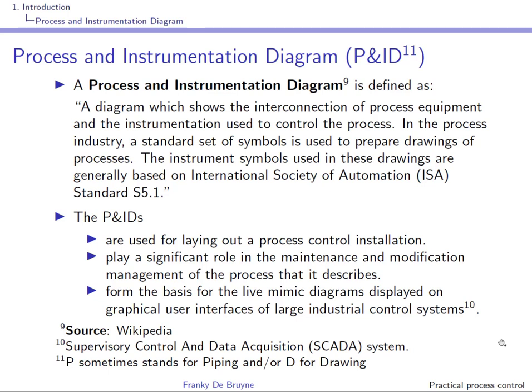And the P&IDs form the basis of the live mimic diagrams displayed on graphical user interfaces of large industrial control systems, and we have just seen this on the SCADA system WinCC in the example of the preheater. Here SCADA stands for Supervisory Control and Data Acquisition.